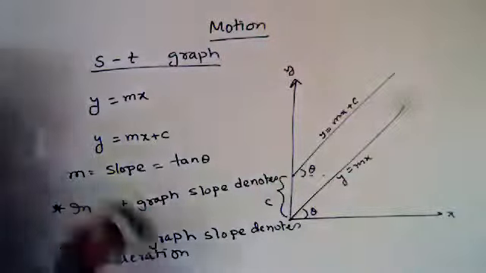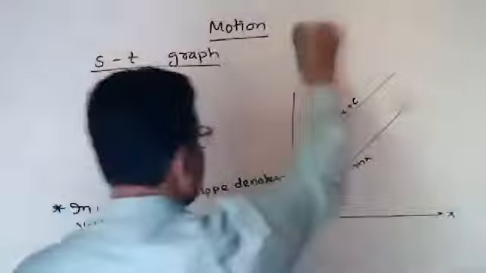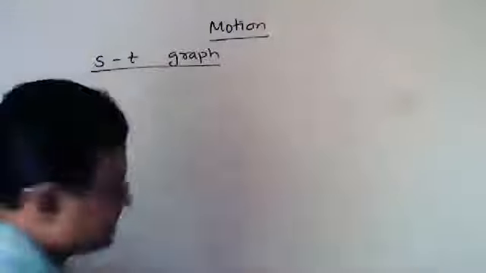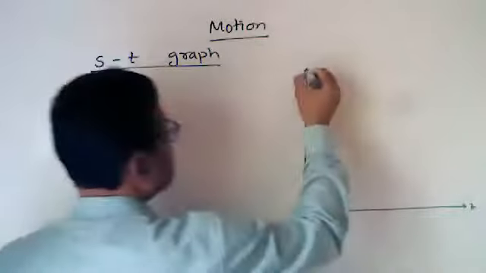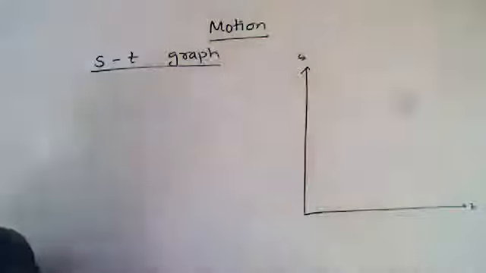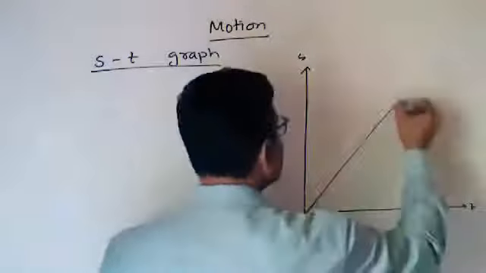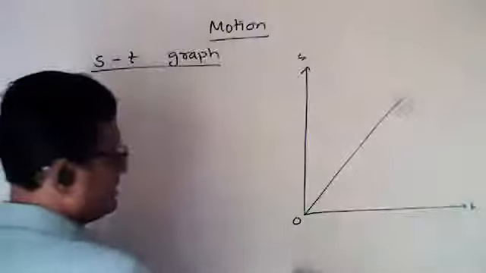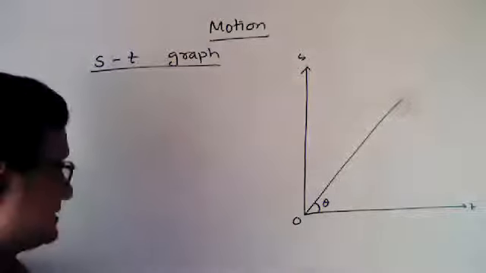So now we discuss the ST graph and other types of graphs, first the displacement-time graph. This is the time and this is the displacement. Suppose in the graph, this is the origin and this is the line, and it makes an angle theta with the horizontal or x-axis.